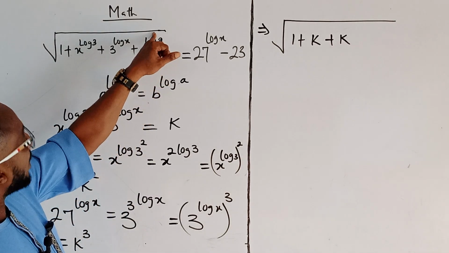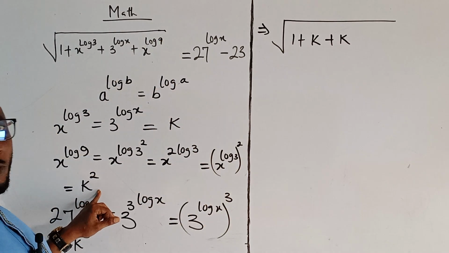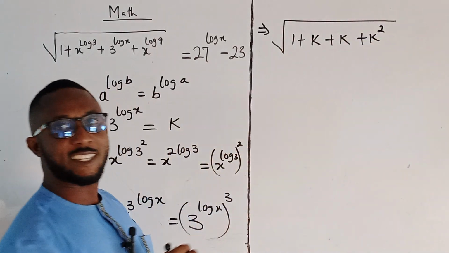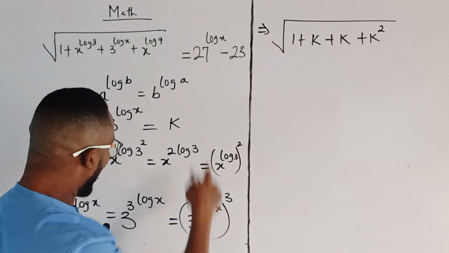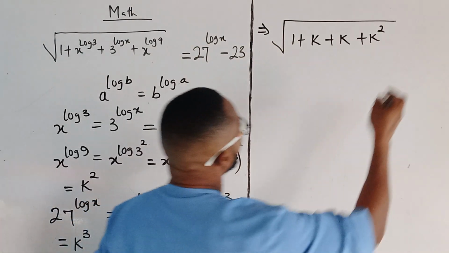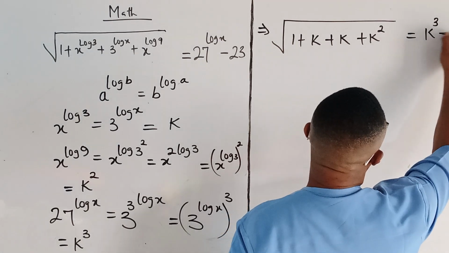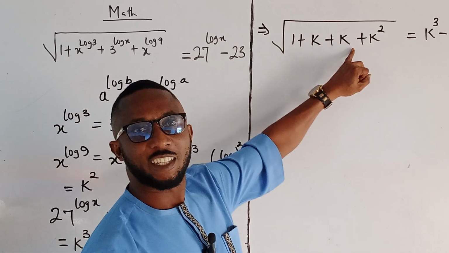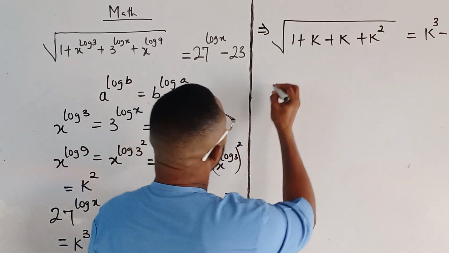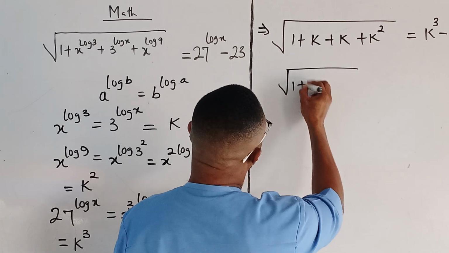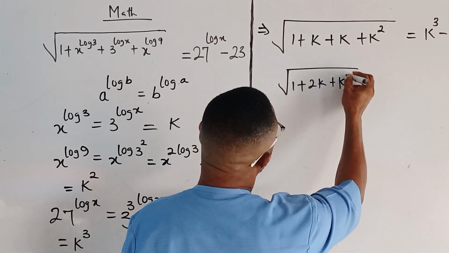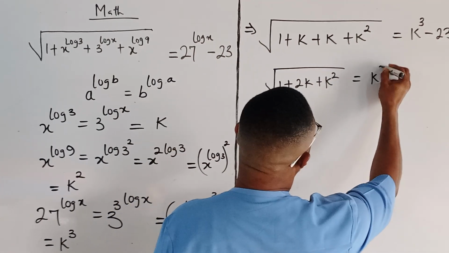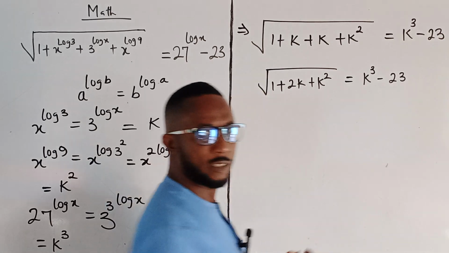Then s power log 9, that is k squared. So I'll write k squared here. Then on the right side, we have 27 power log x, which is k cubed. I'll write k cubed minus 23. So k plus k is 2k. So I'll write 1 plus 2k plus k squared, which is equal to k cubed minus 23.